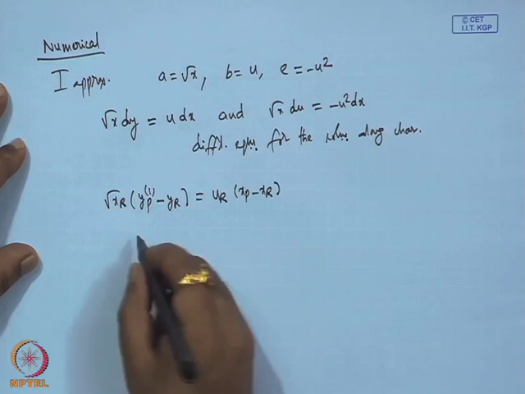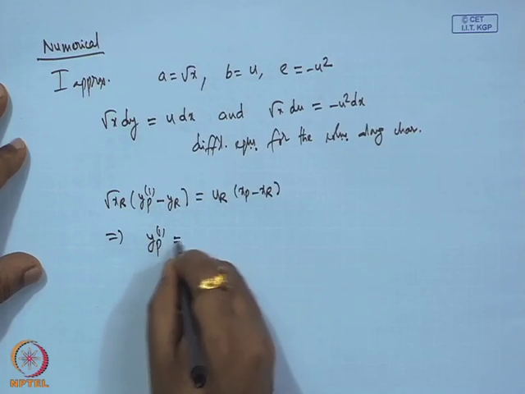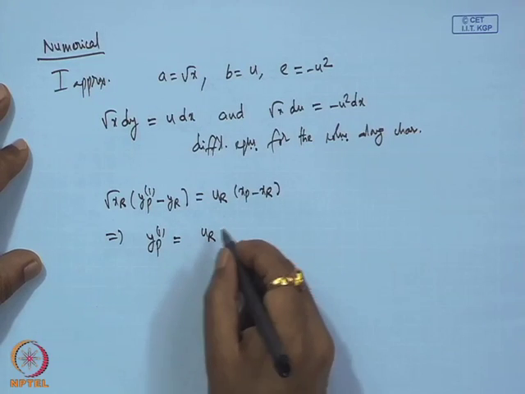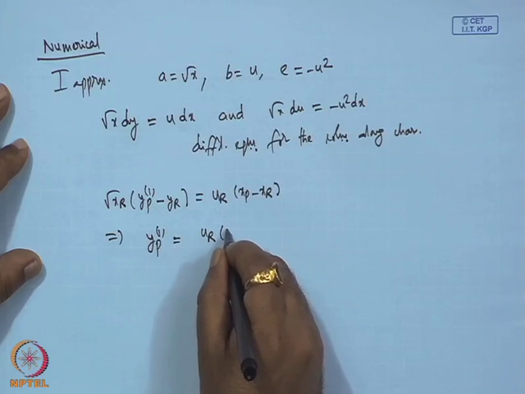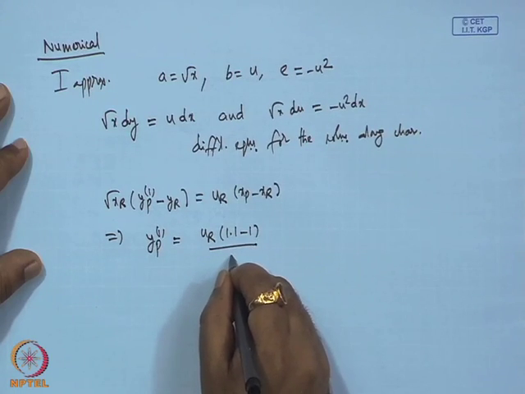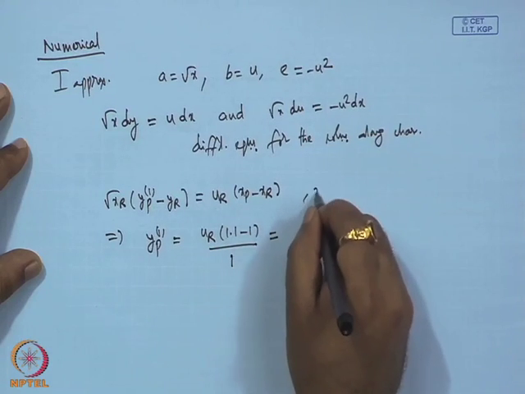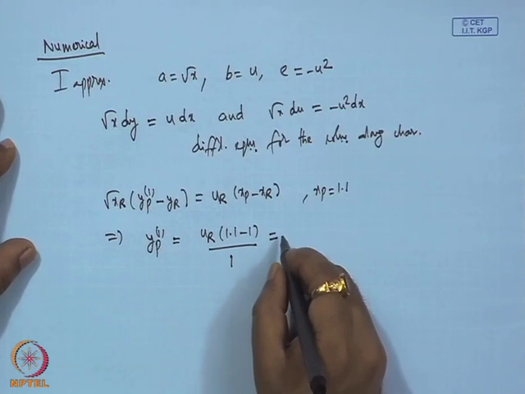So, this implies y p 1 is u r (1.1 minus 1), where x r is 1. So, we have considered x p is 1.1.